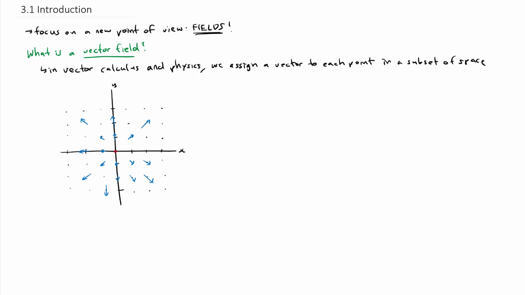But the idea is that each of these vectors, or each field vector, is an arrow with the following properties.